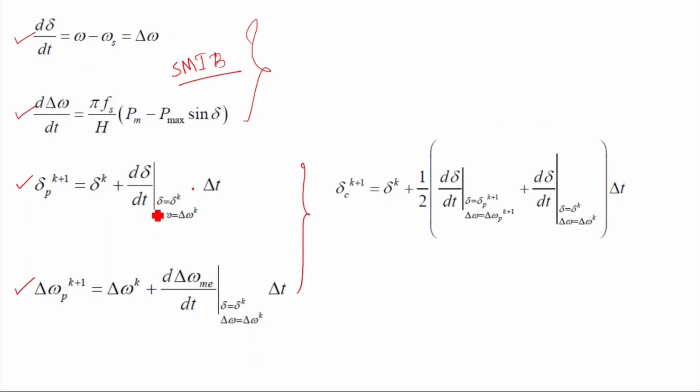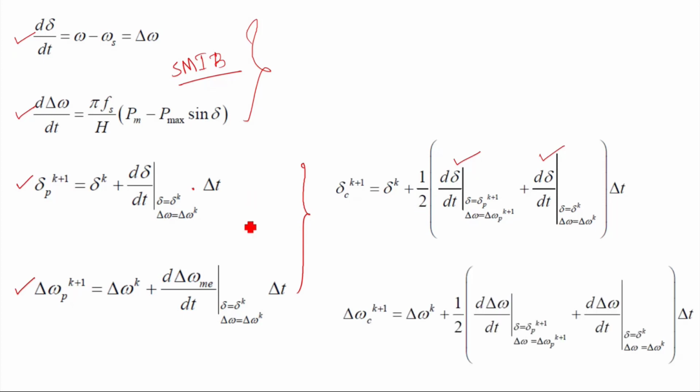Now if we write the equations in the corrector step, of course we'll use both the values that are obtained in the predictor step, which will be used to evaluate this incremental step, and also the previous value of delta will be used to evaluate this incremental step. Both will be added and the average will be taken.